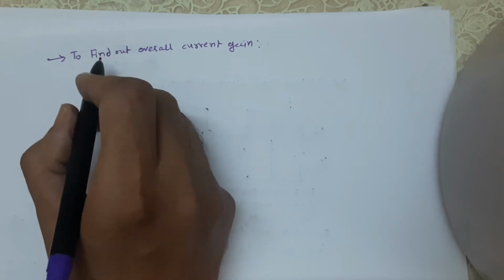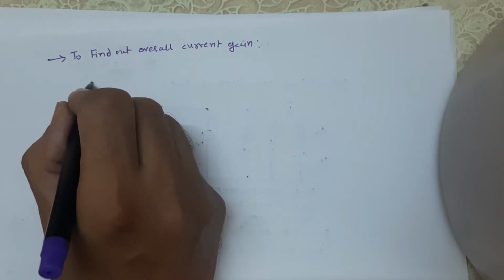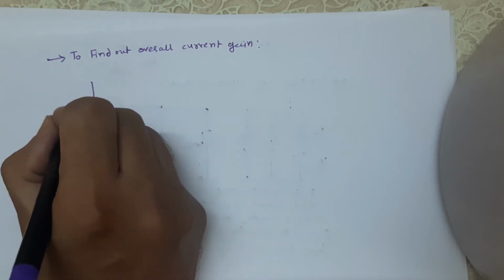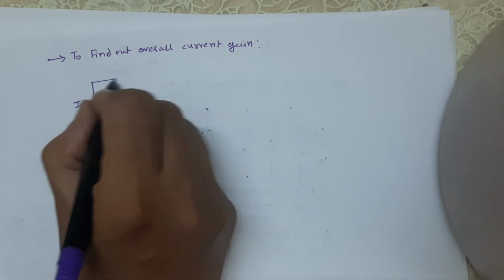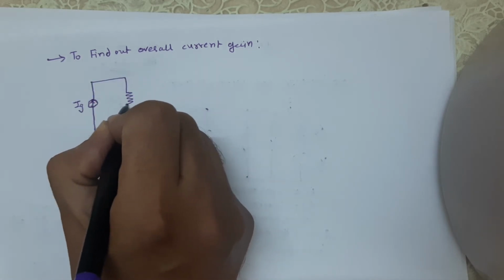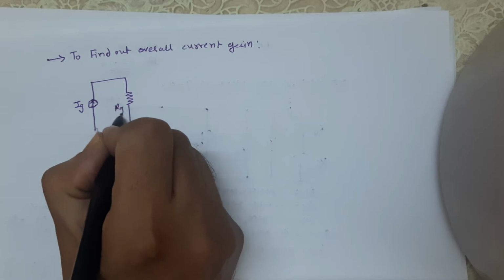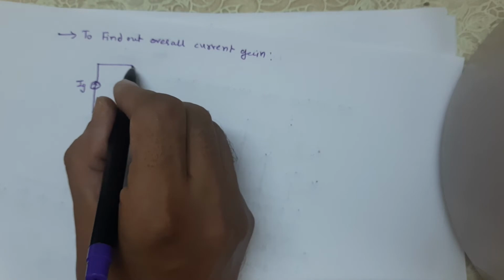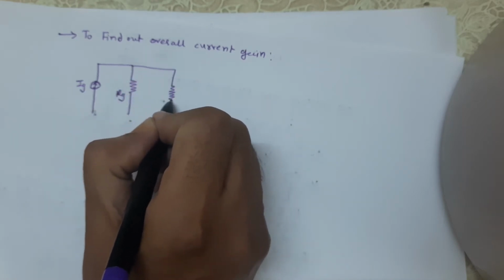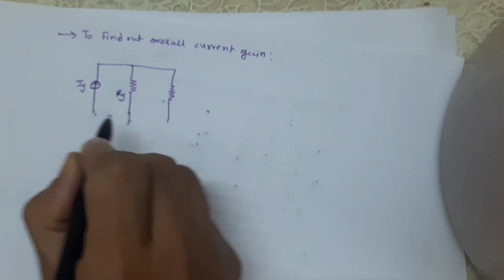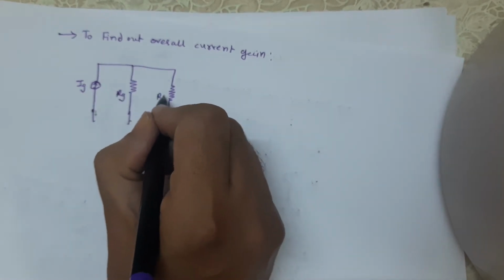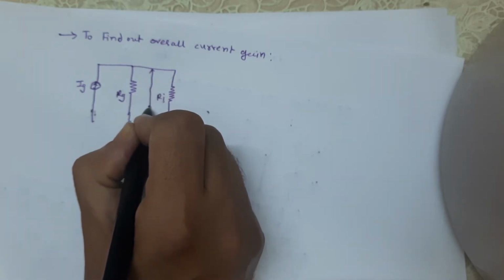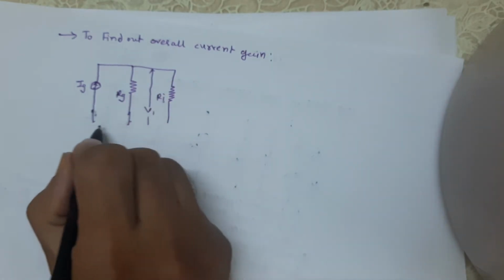So this is your IG. In between this there is a RG. Then there is a RI. This is your RI. Across this there is a input voltage V1.